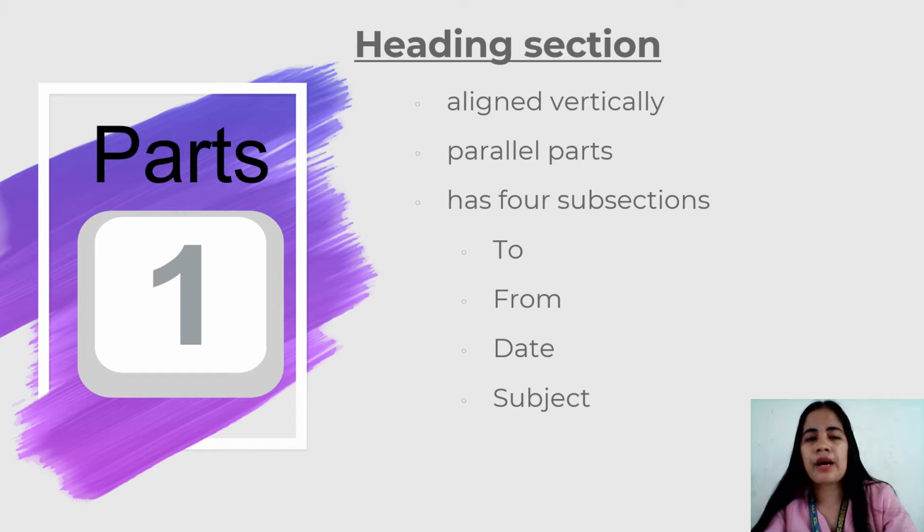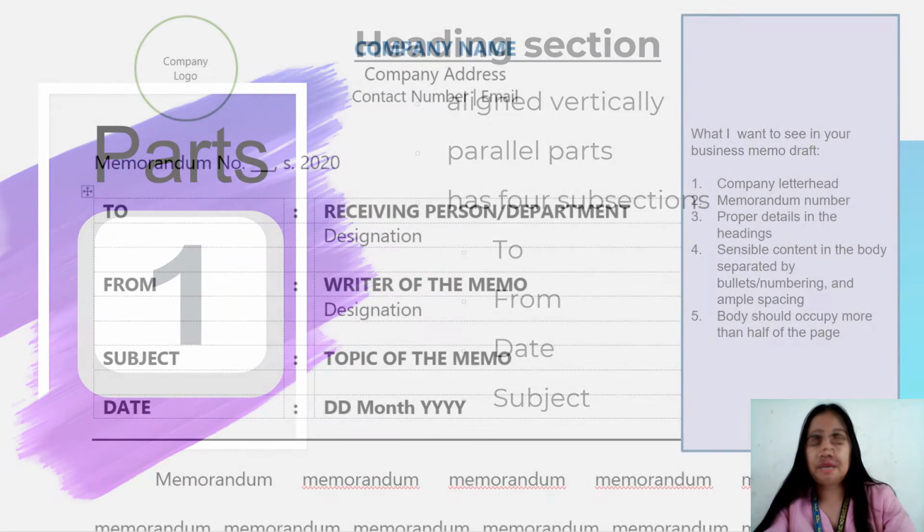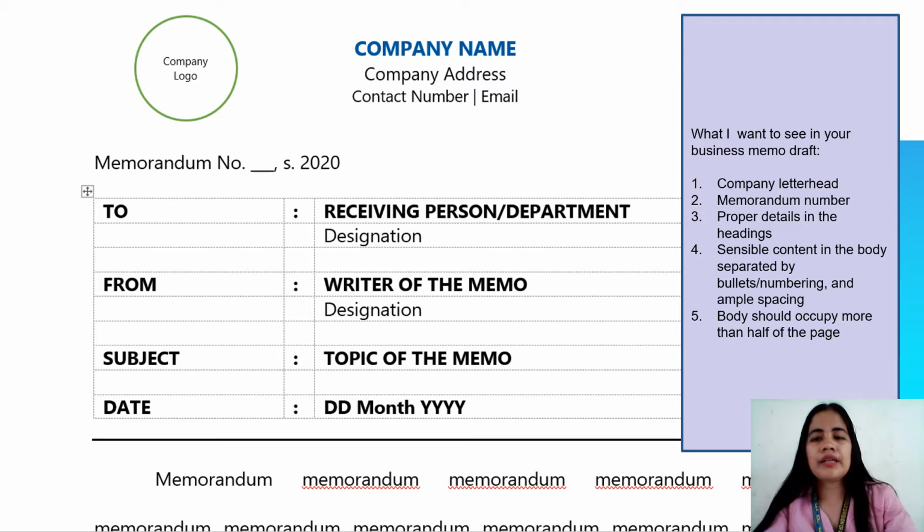So this is the first part of a business memo. We have the heading section, aligned vertically, parallel parts, has four subsections, and that are to, from, date, and subject. So you can identify here the parts of a business memo.